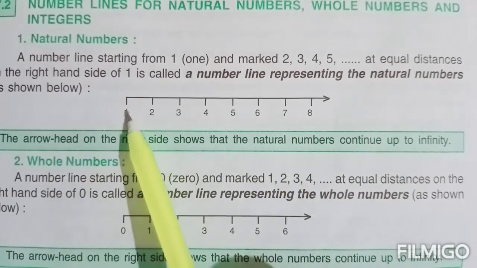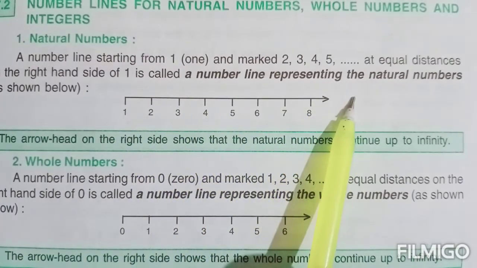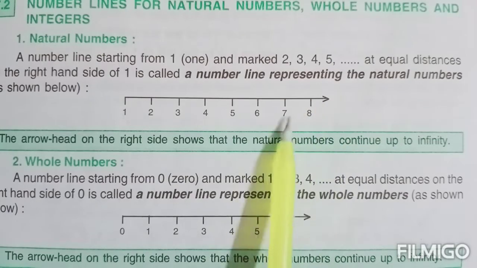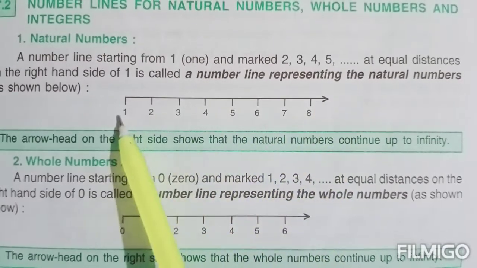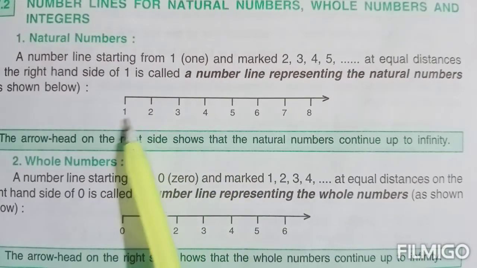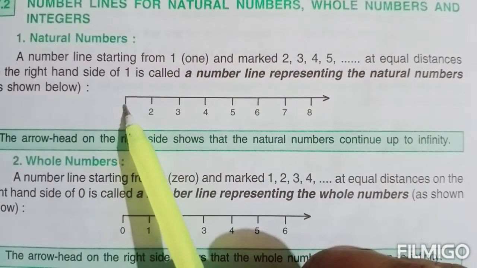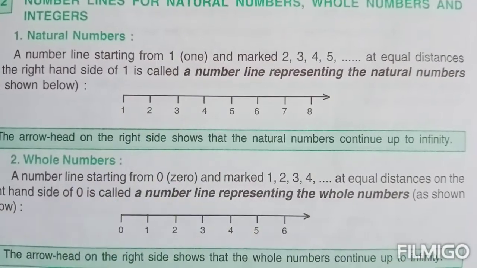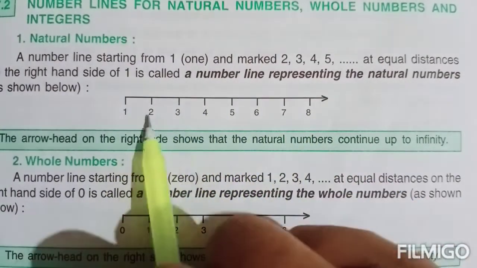It starts from 1 and it will go infinitely to the right side, up to infinity. At equal distances you can mark numbers starting from 1.